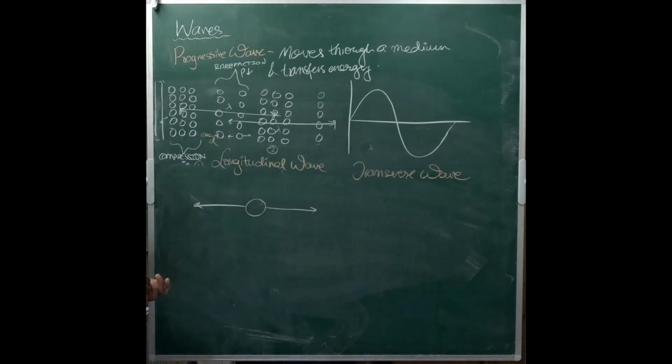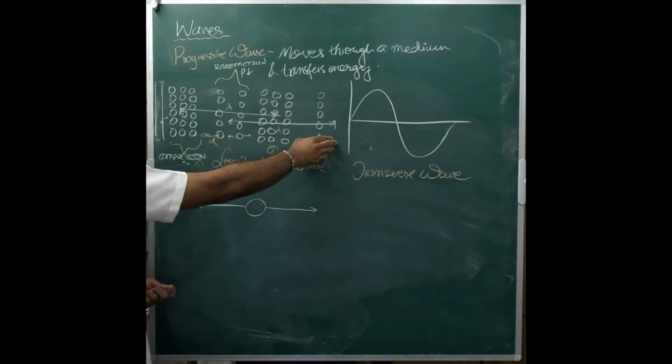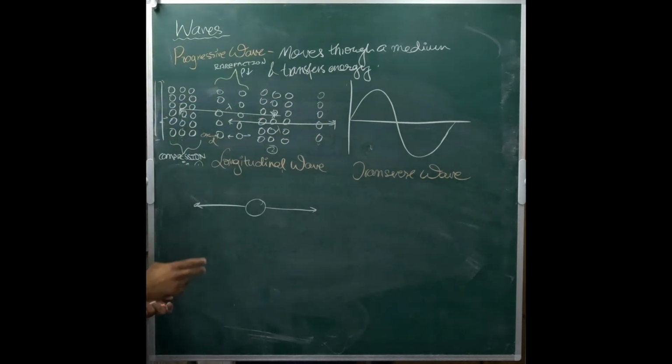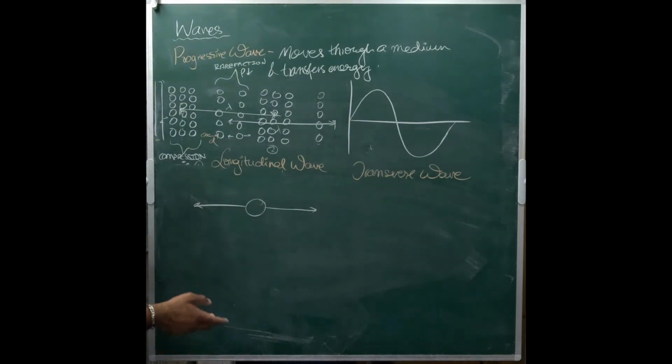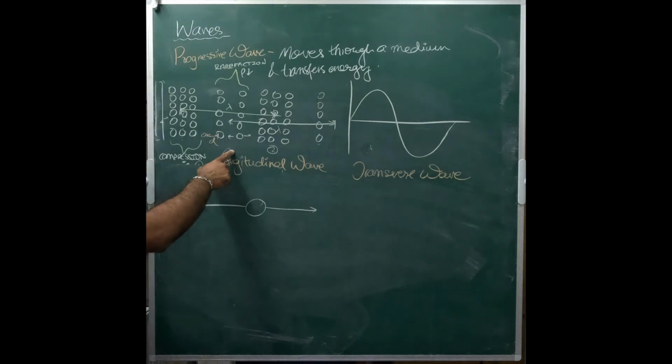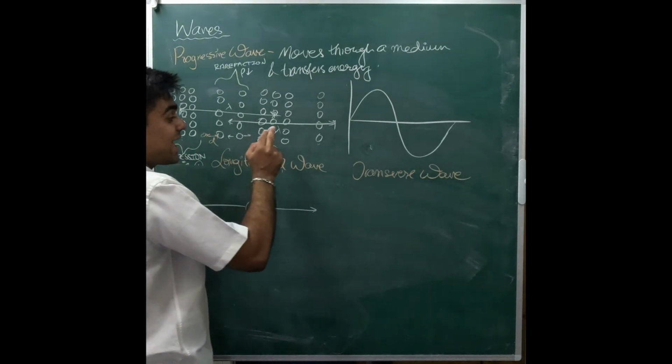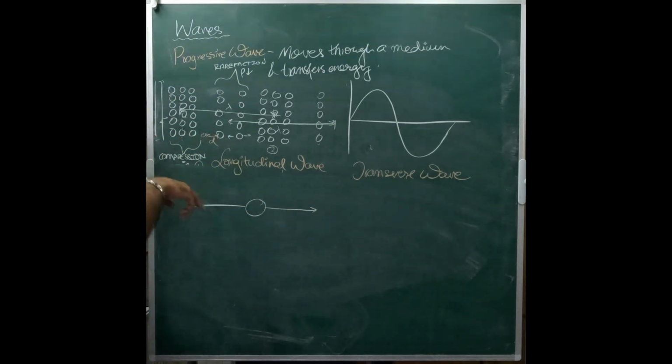Now, what direction is the energy transfer? If I'm sitting here and the speaker cone is here, I can still hear the speaker, and that means something has been transferred to me. We know that something is energy because this is a progressive wave, and hence it doesn't transfer matter, instead it transfers energy. In other words, the energy has been transferred from here to here.